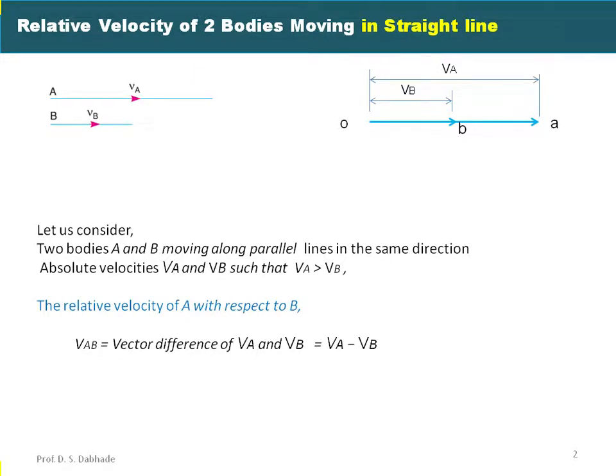The relative velocity, the velocity of A with respect to B, can be calculated simply by the vector difference of VA and VB. So it is VA minus VB.